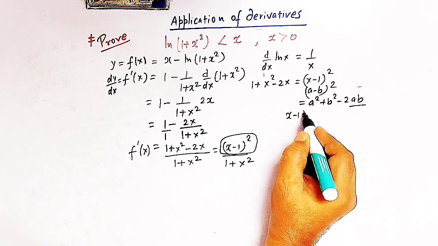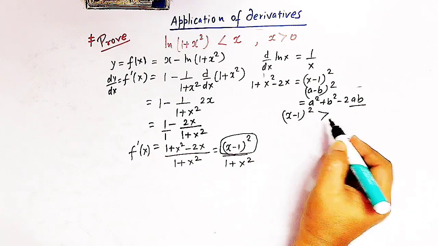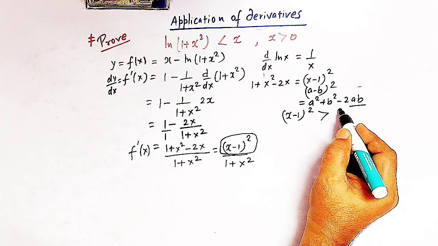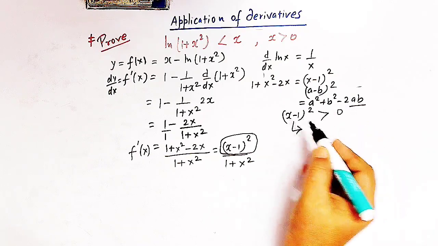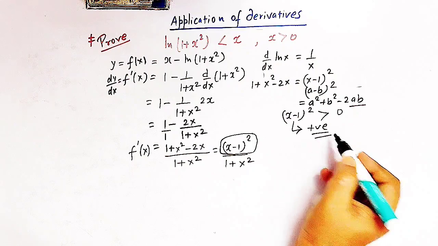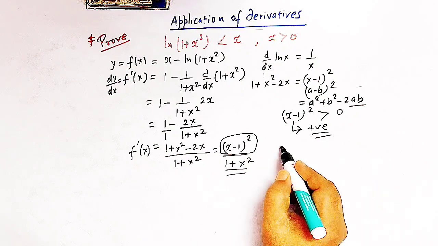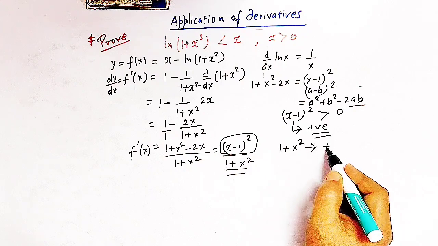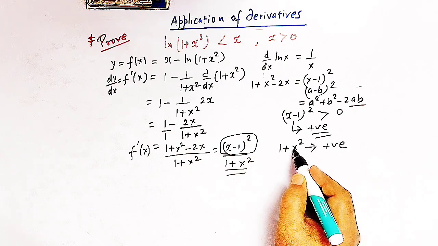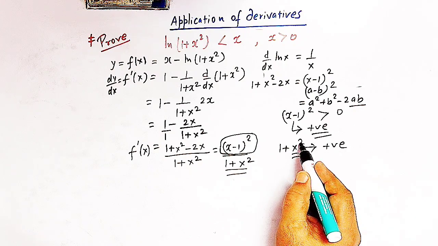Now see, here we have a square term. So x minus 1 whole square is always going to be greater than 0, that is, this quantity is always going to be positive. And similarly here 1 plus x square is always a positive quantity, because here we have x square, right?